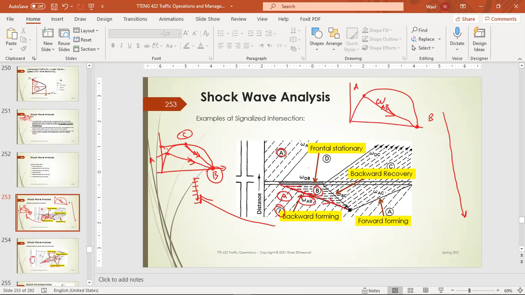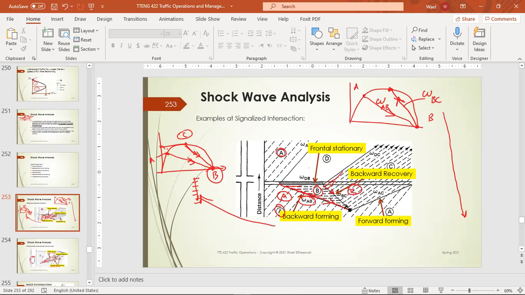Again, when the signal turns green, vehicles standing in the queue start moving. So you can see that it's changing state from B to C. This change from B to C is the saturation flow. So this wave is omega BC. That's the speed of the wave in this direction.